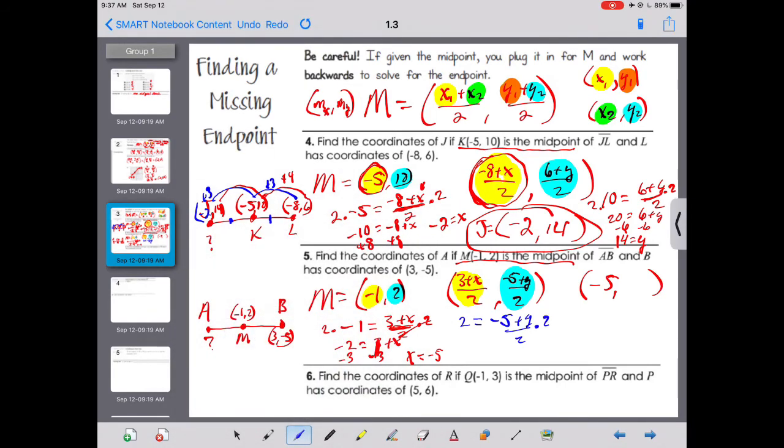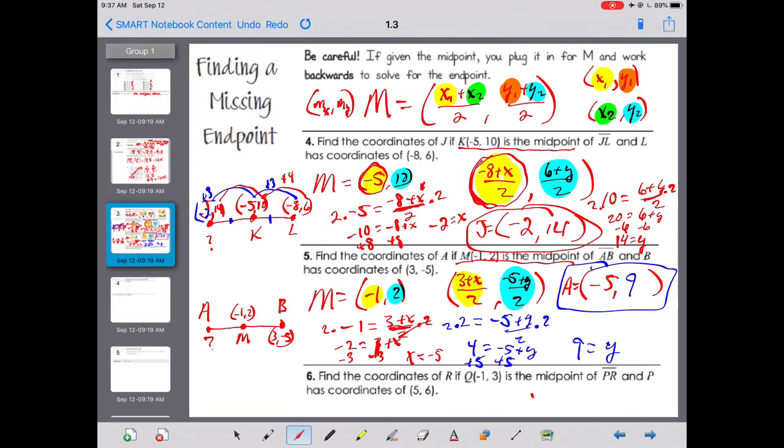In the y, again, always start by multiplying by 2 to get rid of that divide by 2. 4 equals negative 5 plus y. Add 5 to both sides, so 9 equals y. Doesn't matter if it's 9 equals y or y equals 9. Equals goes both ways, left and right. So 9. That is point A. Okay, and we can say A equals negative 5, 9.